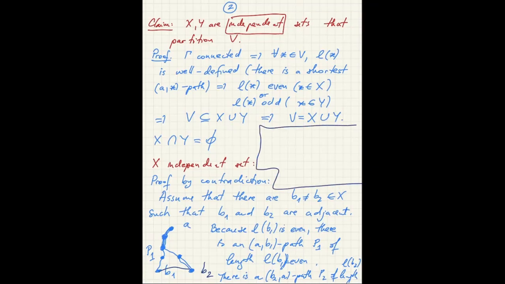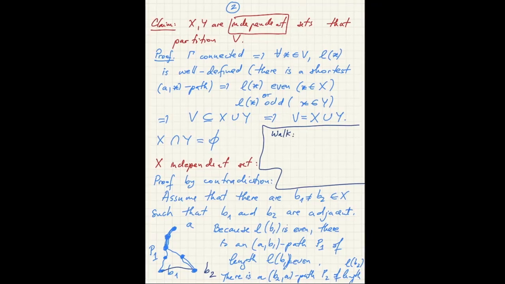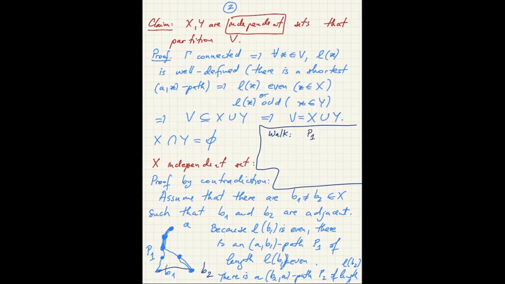So what I want to say is that we consider the following walk. It's P1. So it starts at A and it ends up at B1.